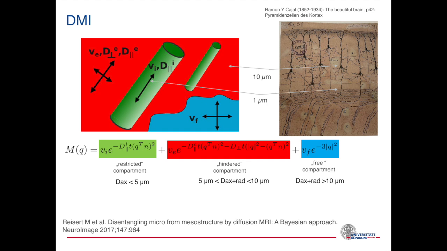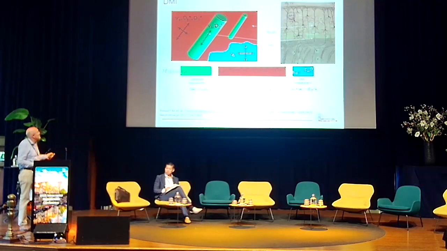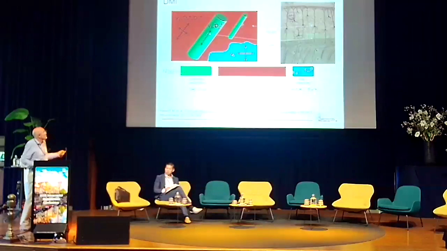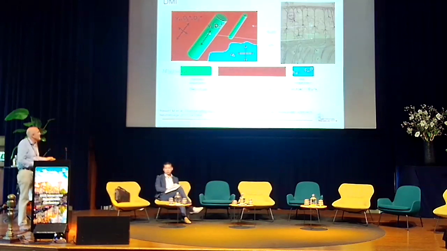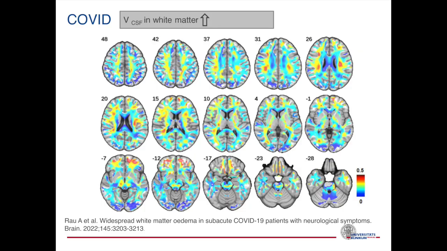Here we decompose the diffusion signals into 3 components. One component is a very short diffusion distance, and this is only possible in the neurons or along the neurons. The second one represents the axons, the neurons as a neuropil, and the third component represents the free interstitial fluid.